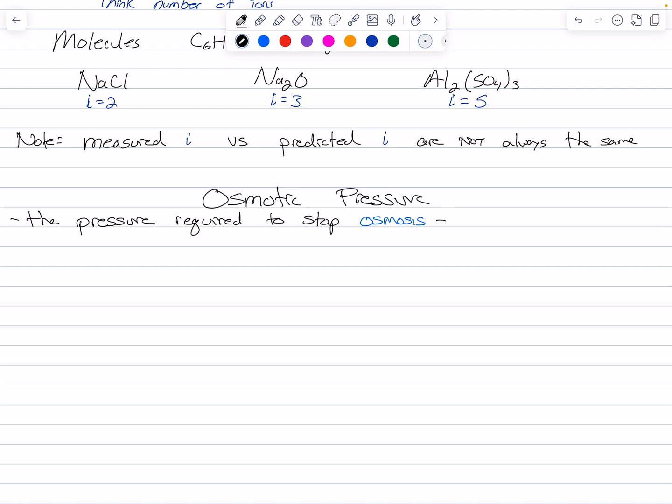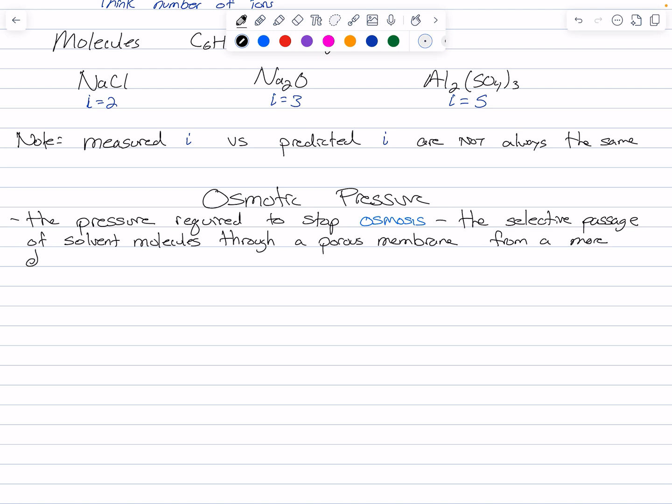The selective passage of solvent molecules through a porous membrane from a more dilute solution to a more concentrated one.